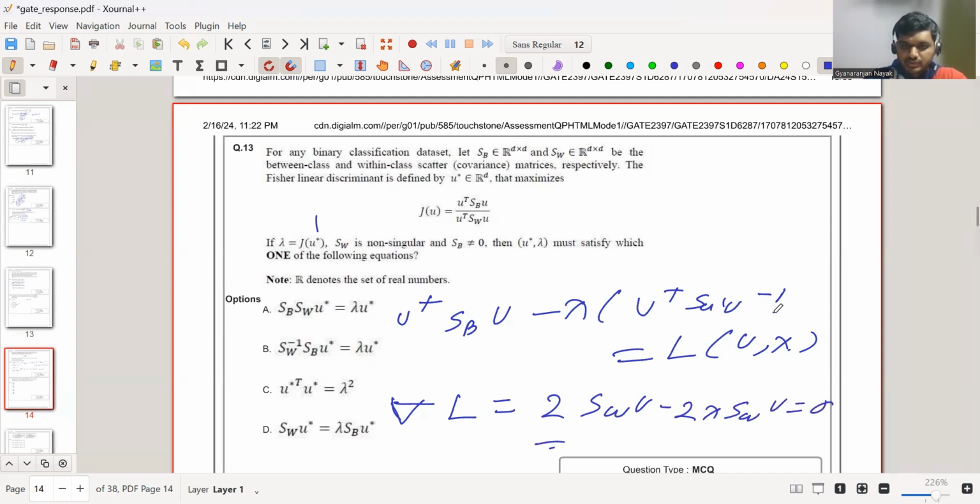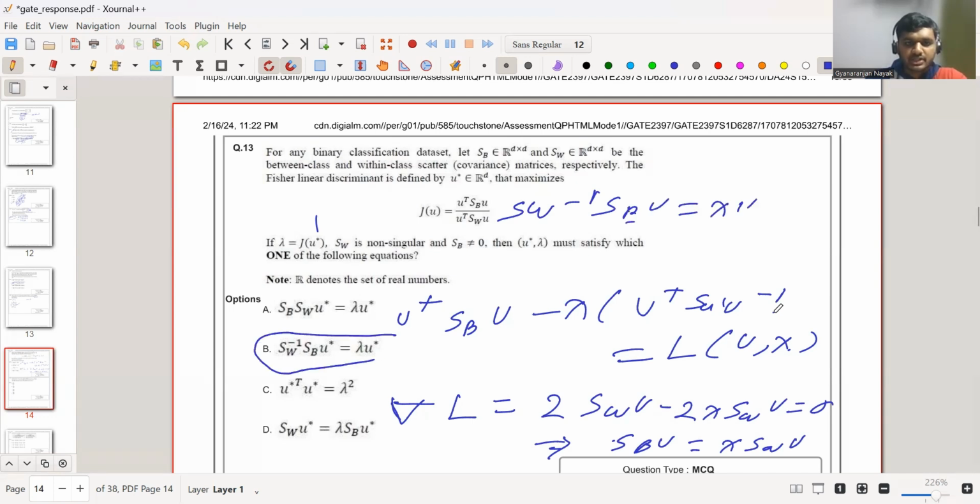So this implies SB U equal to lambda SW U. Therefore SW inverse SB U equal to lambda U. So option B is correct, SW inverse SB U star. Okay, so we proceed for next.